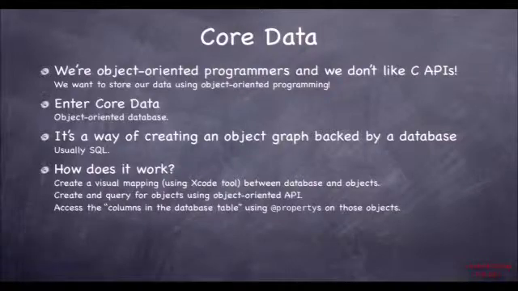Once you have this visual mapping created in Xcode, you can create new objects, put them in the database, delete objects, and query for objects in the database, which is really the power of having a SQL database behind it. Then you access the data inside the objects, eventually just with @property properties, and that gets the data off of the objects in the database. Core Data manages all the communication behind the scenes, so all you're really seeing is the object-oriented side of it after you've created this visual mapping.